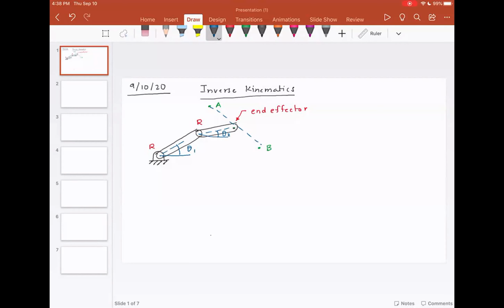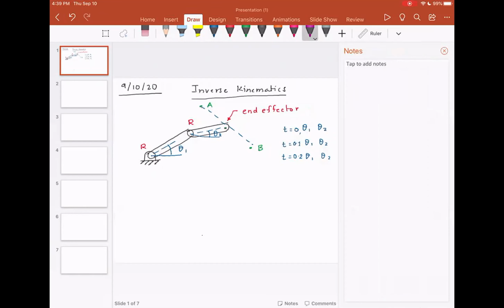So the question is, what should be the combinations of theta 1, theta 2 at time t equal to 0? What should be the values of theta 1, theta 2 at time t equal to 0.1? What should be the values at time t equal to 0.2?